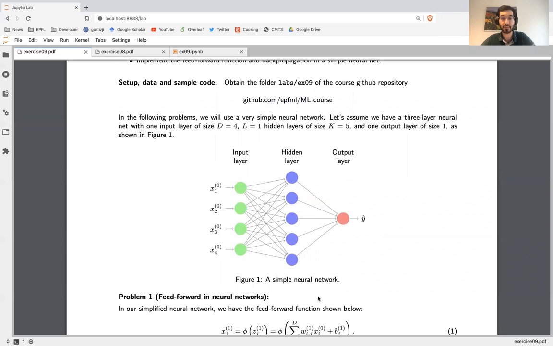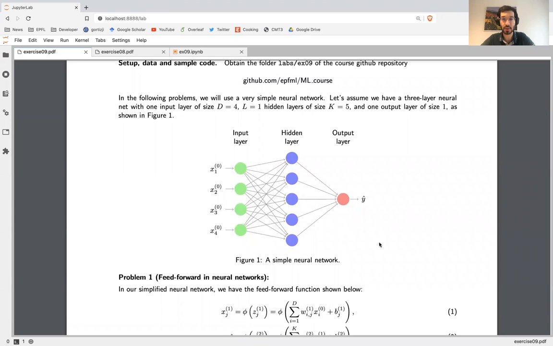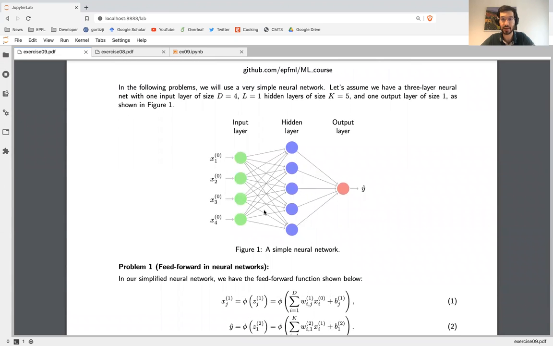In the first part of the exercise, we're going to be working with a very, very simple model, which consists of a simple neural network with one hidden layer with 5 neurons and an input layer with 4 dimensions. This neural network implements a forward pass that will output one scalar y hat.